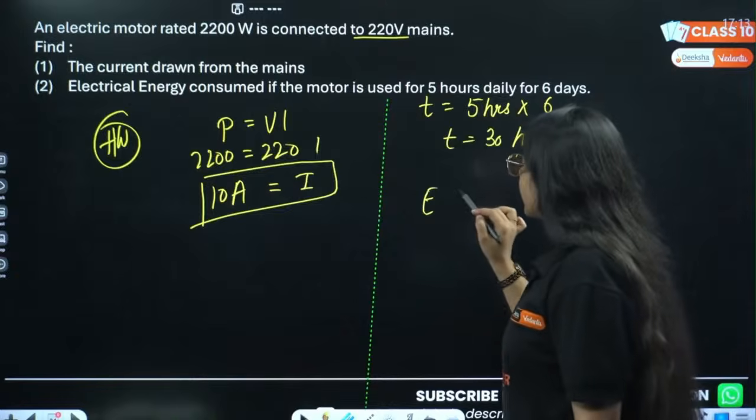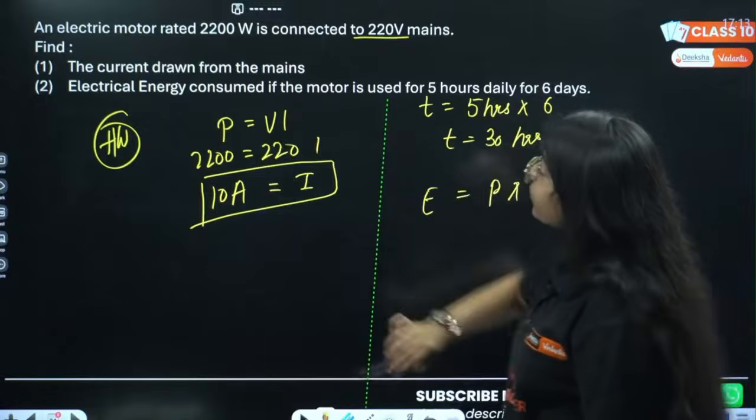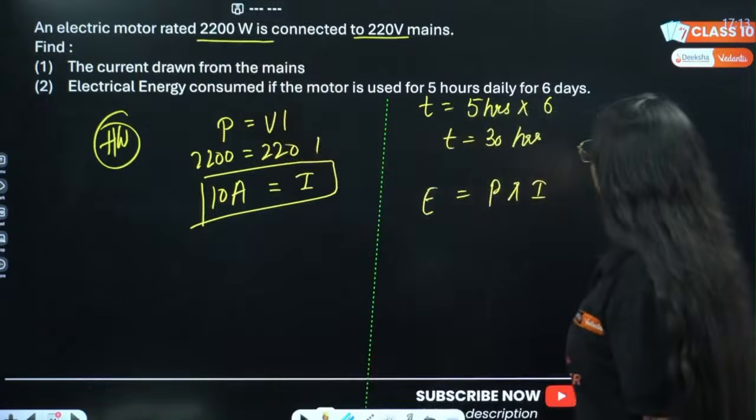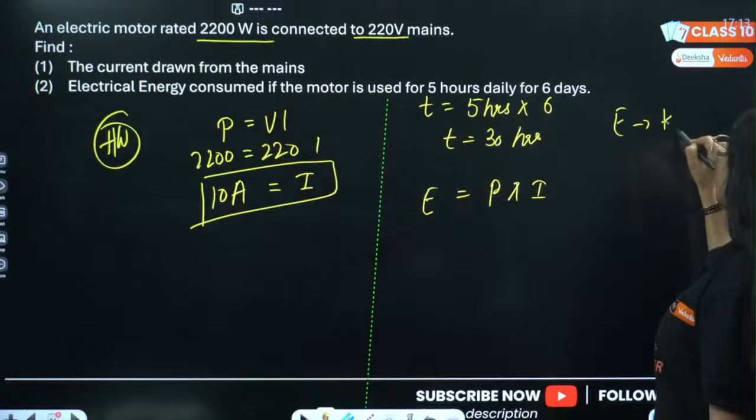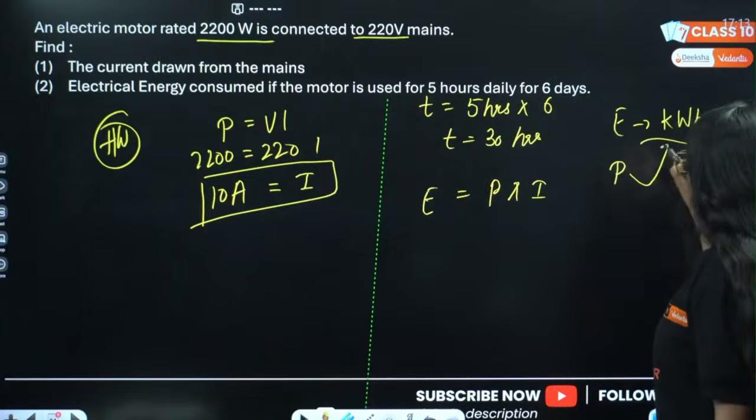So electrical energy is what? Power into time. Correct? But here the power is in watt. And I know, ma'am, energy के units तो kilowatt hour होते हैं ना? Yes. So we'll convert power into kilowatt first.